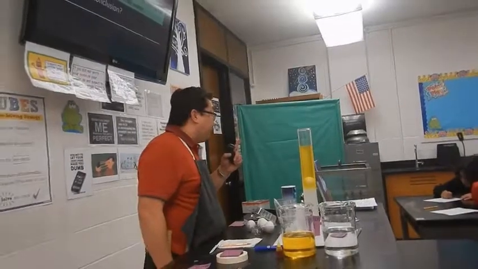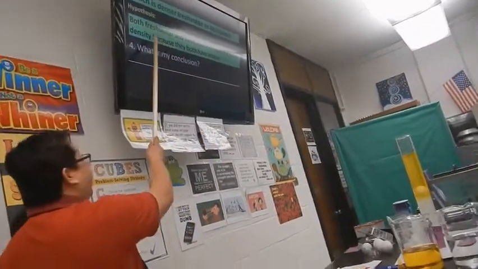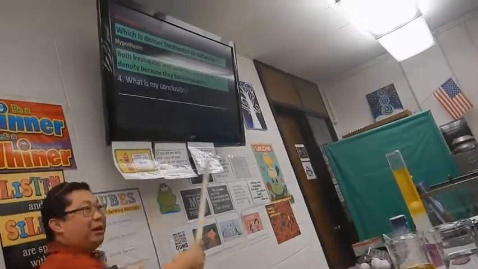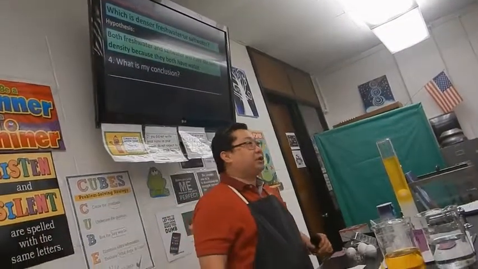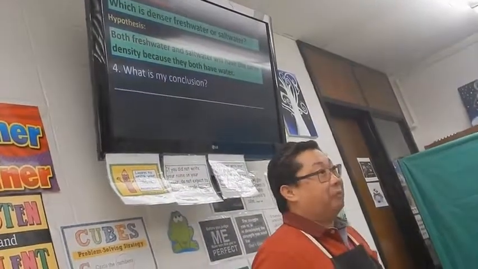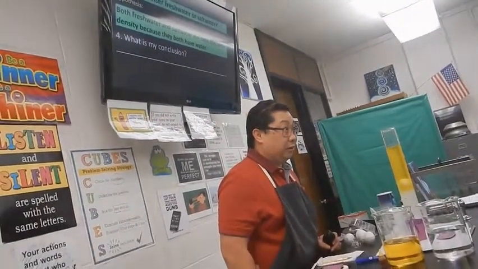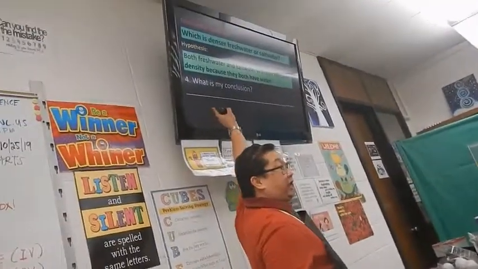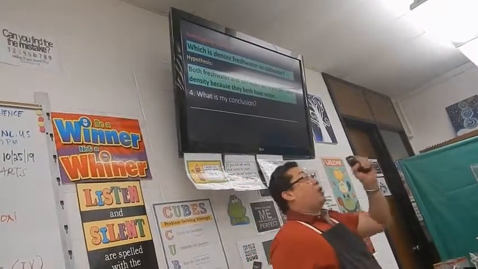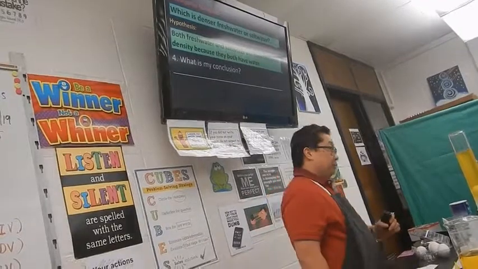Which is denser? Salt water. Is this hypothesis correct? No. So when you write your hypothesis, you should say, I found out that my hypothesis was wrong, because this hypothesis is not correct. However, you have to state why it is wrong.